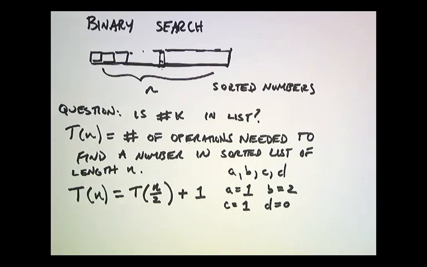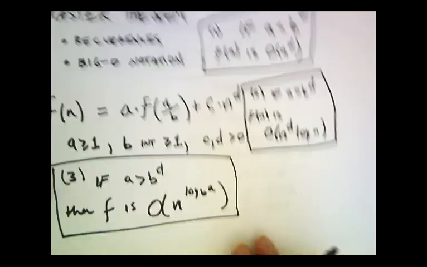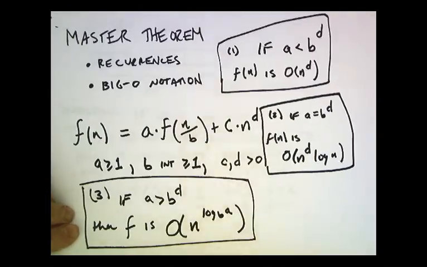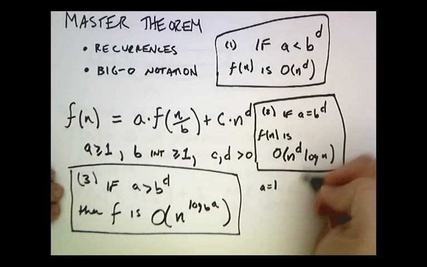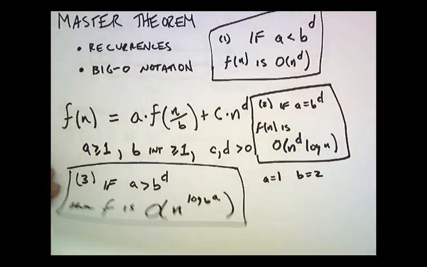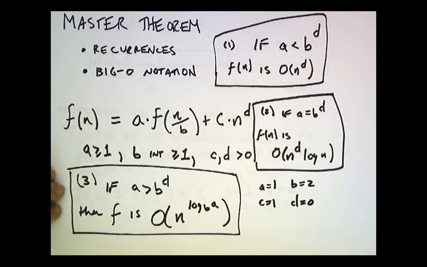Let's quickly go back to the master theorem, and I'll just copy over what our values for a, b, c, and d were. a was 1, b was 2, c was 1, and d was 0. Okay, so is a less than b to the d?